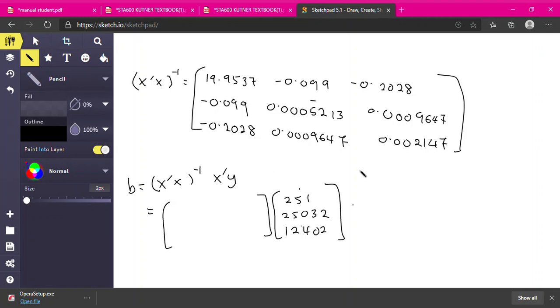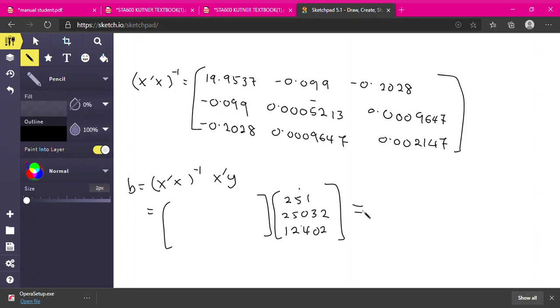So now define matrix X transpose Y as matrix B. Just go back in, shift 4, the dimension is matrix B. So choose 2, the dimension is 3 by 1.